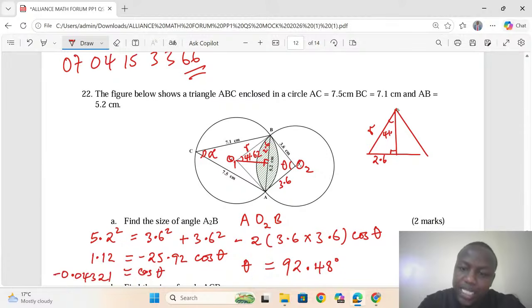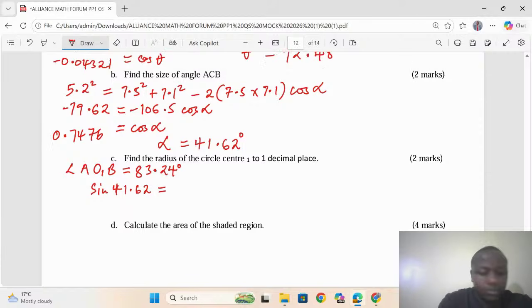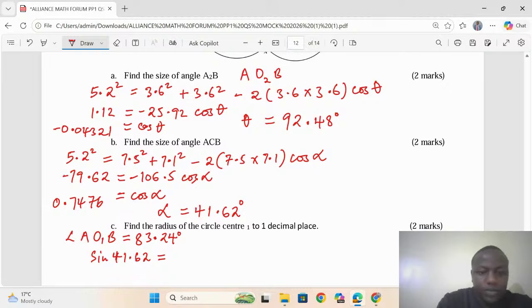So how can we get this radius? We apply trigonometry, sine. The sine of 41.62 equals opposite over hypotenuse.